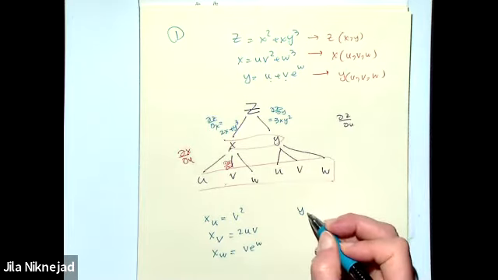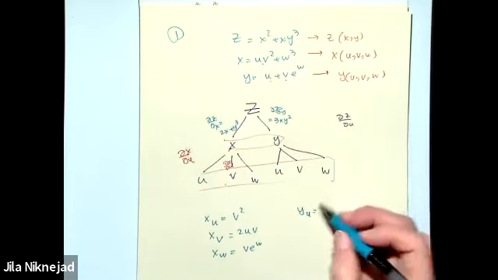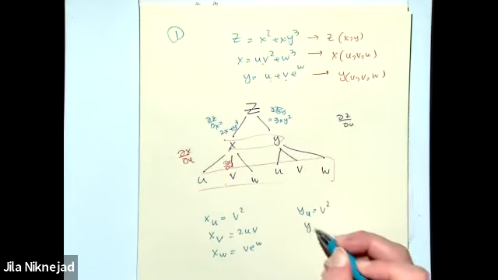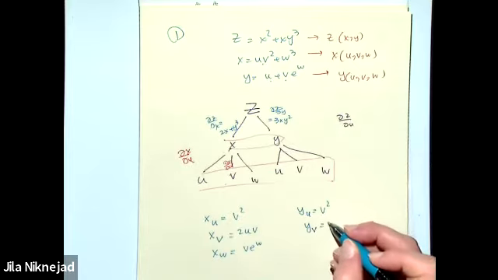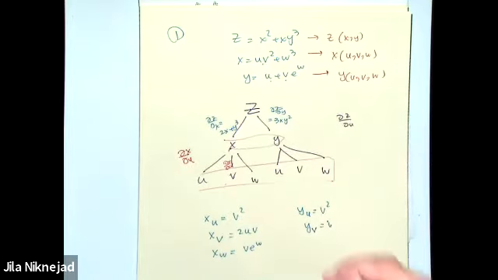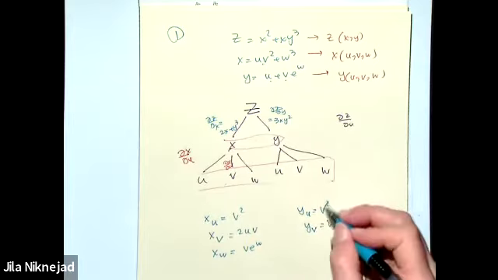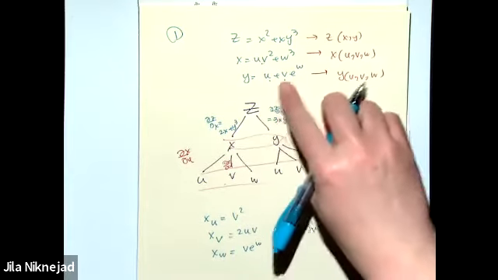Y with respect to u is going to be v squared. Y with respect to v is going to be 2. Did I make an error in the past? Yes. Y with respect to u is 1.